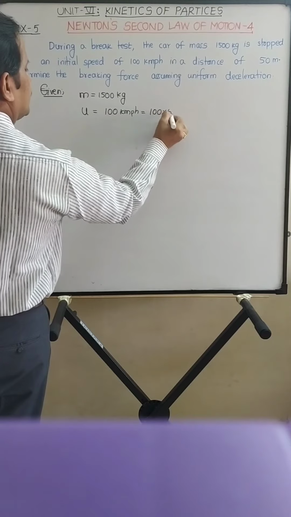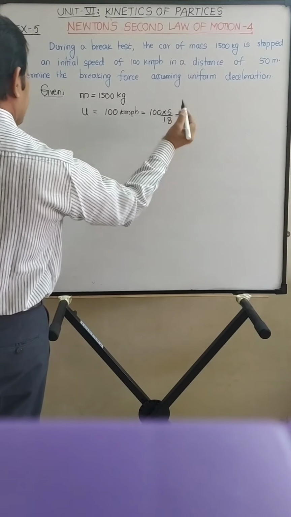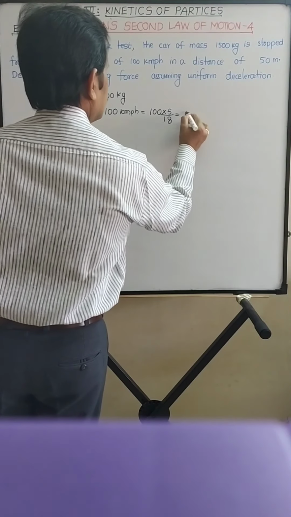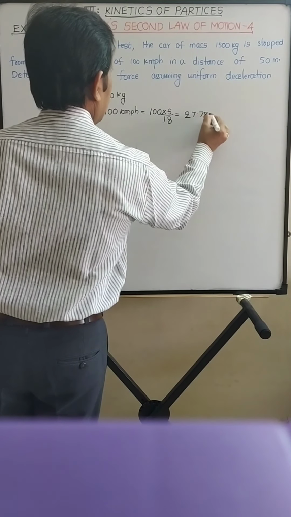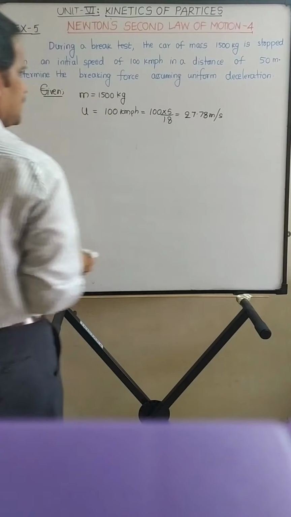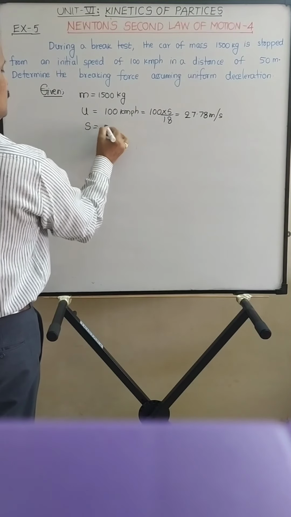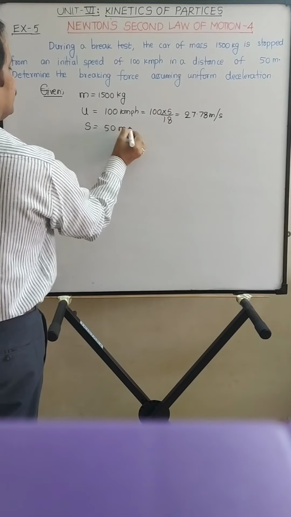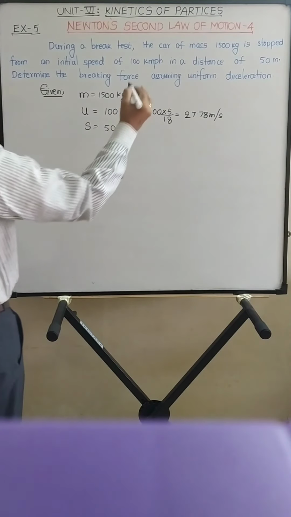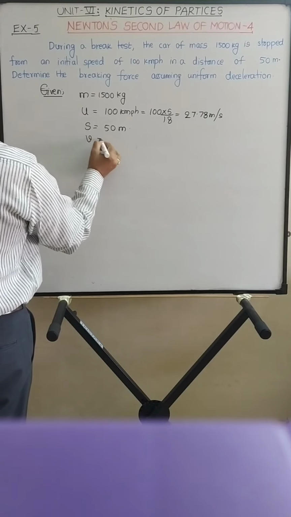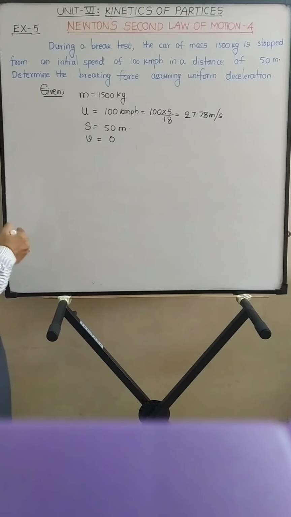So, it is 100 into 5 by 18, which is 27.78 meters per second. Over a distance, s is equal to 50 meters. And it is stopping after moving a distance of 50 meters, which means final speed is 0.